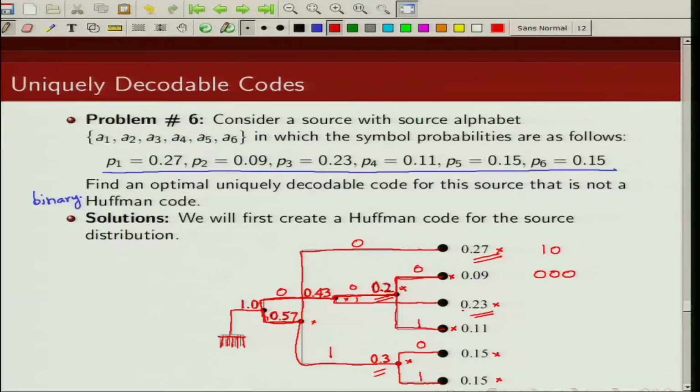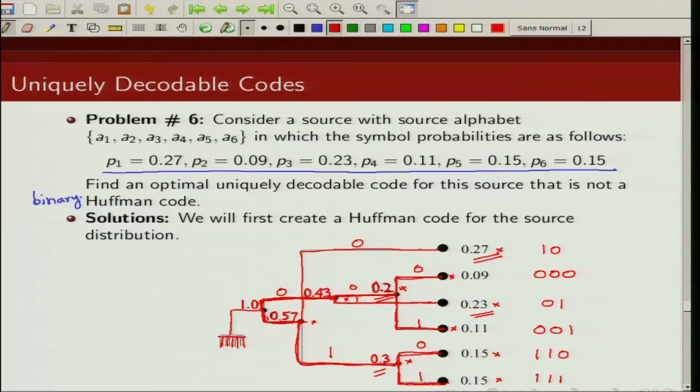This one has 0 and then 1, 0 and 1. This has 0 and then 0 and then 1. So 0 0 1. This has 1, 1 0 1 1 0 and this one has 1 1 and 1.